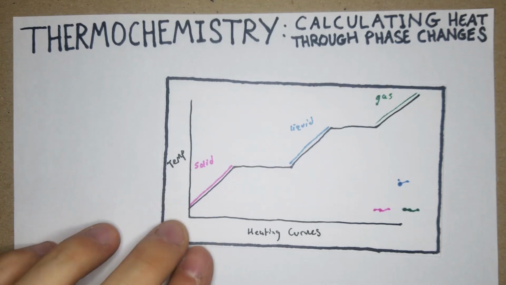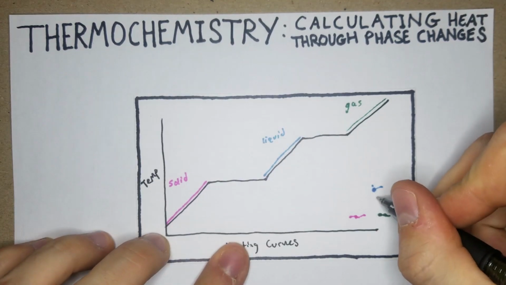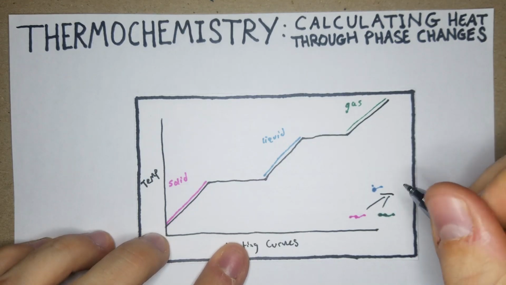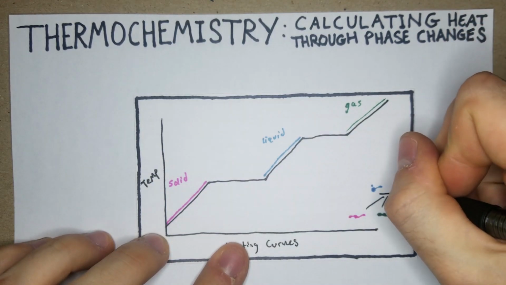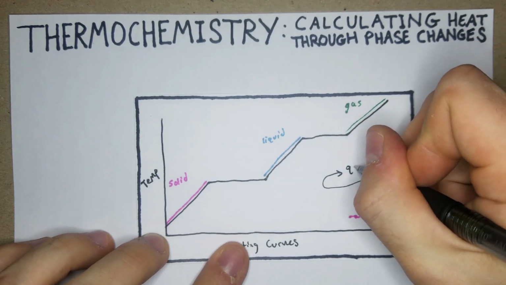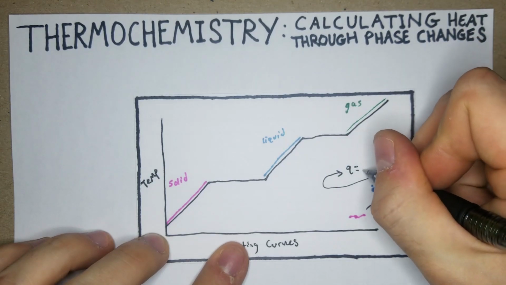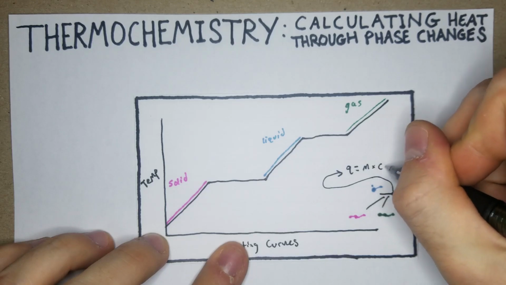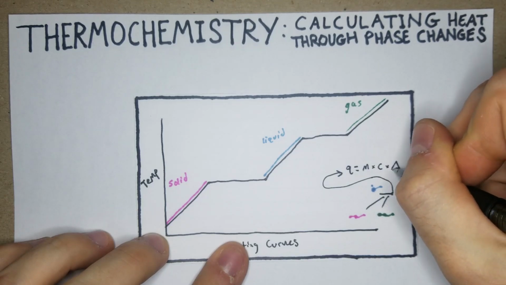If it's any of these, we're going to use Q equals M times C times change in T.